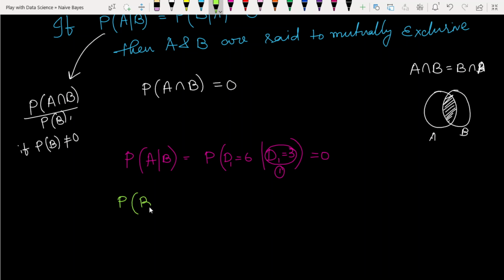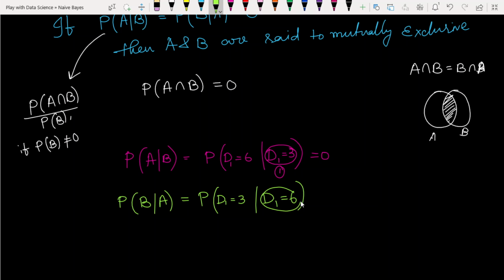Probability of B given A. This means event A has already happened: we have already thrown the die and got the value 6. Now we are expecting the die to give the value 3.